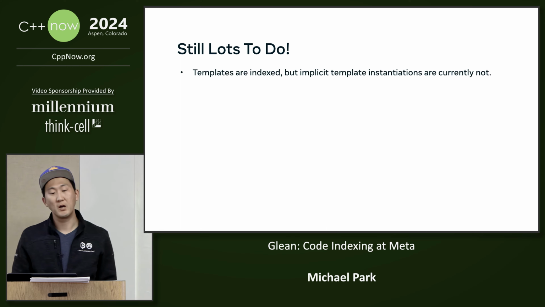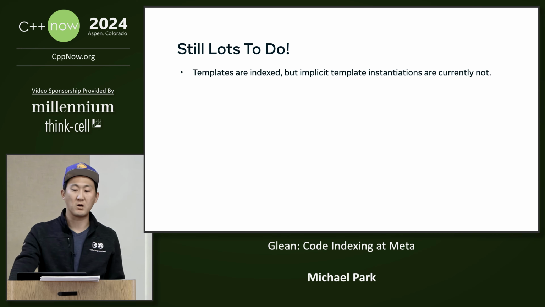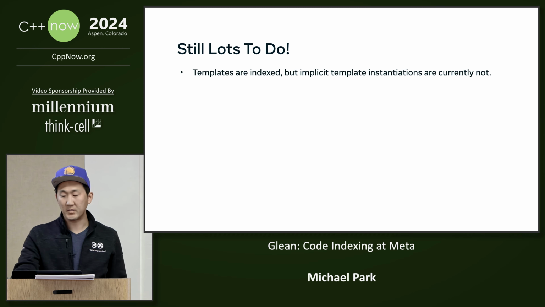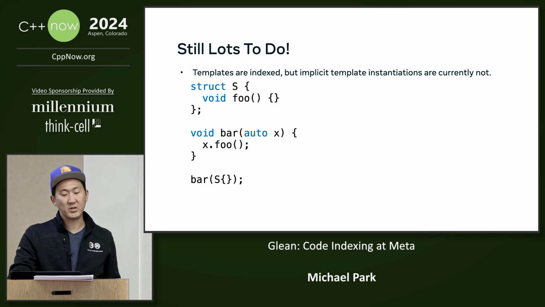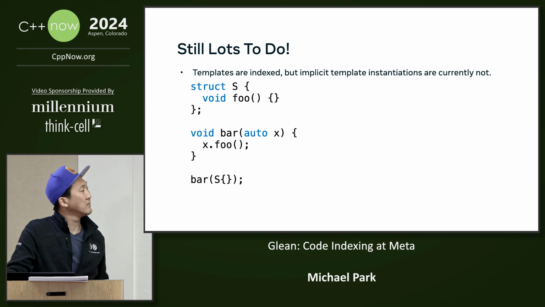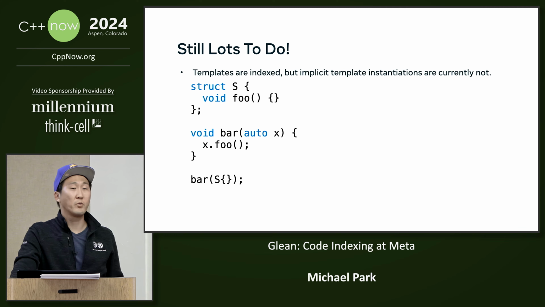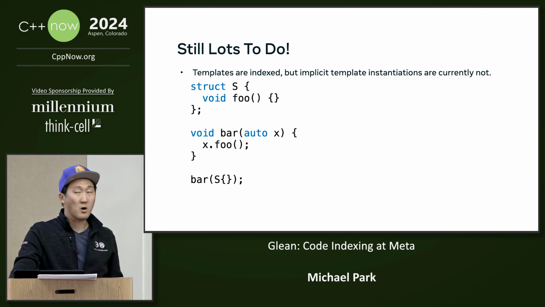So first, templates are indexed, but implicit template instantiations are currently not. And so what this means is, let's say we have some code like this. We have struct S with some function foo, a function bar with auto x. We call x.foo.